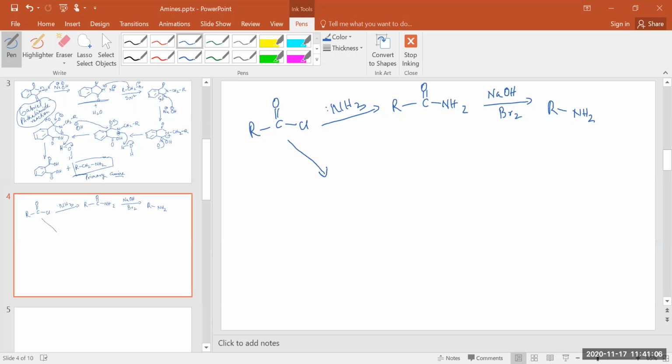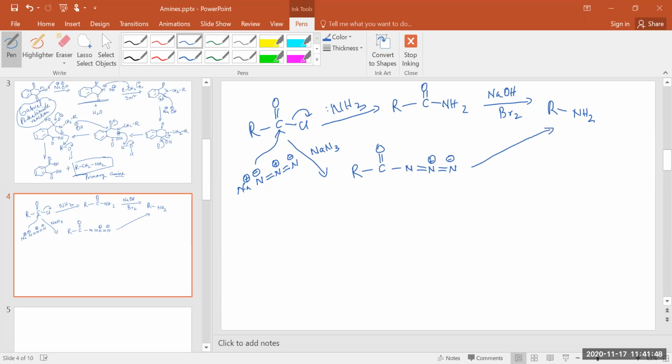Another similar reaction, if you take sodium azide, remember this is the azide structure. Sodium azide is a nucleophile, so it will do nucleophilic acyl substitution. Chlorine will leave, giving RCO and the azide.